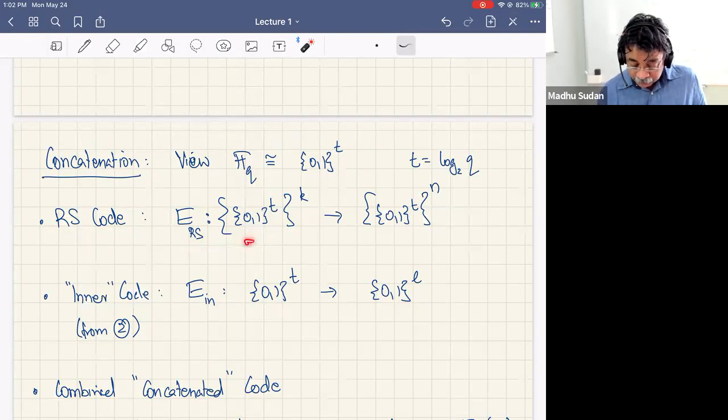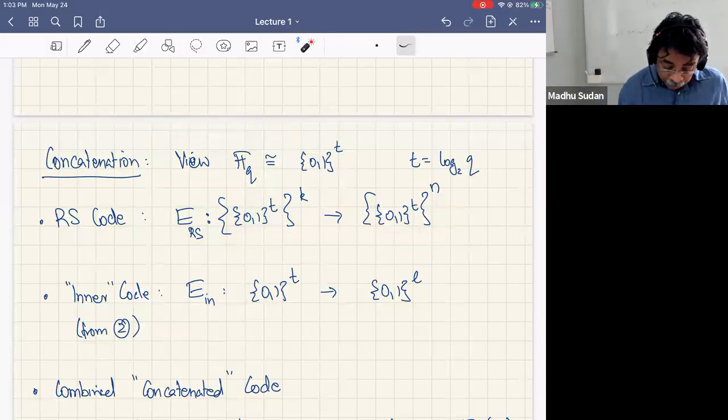So we have a way of taking sequences of K letters where each element of the sequence is itself a T-bit string. And since we have a map which takes FQ to the K to FQ to the N, we will now get T-bit sequences and N such T-bit sequences.